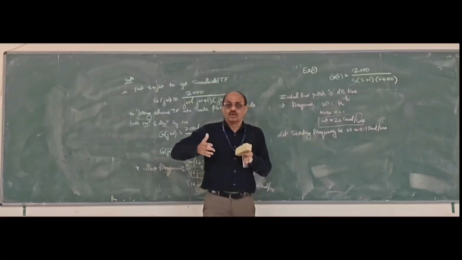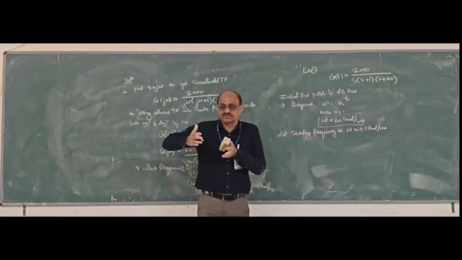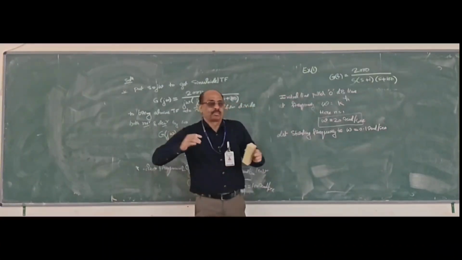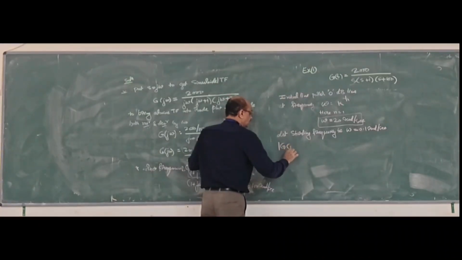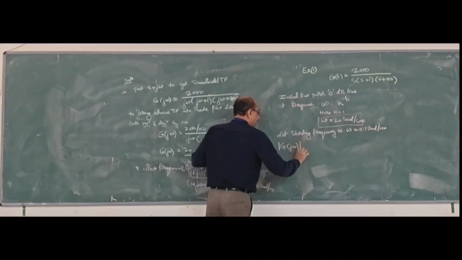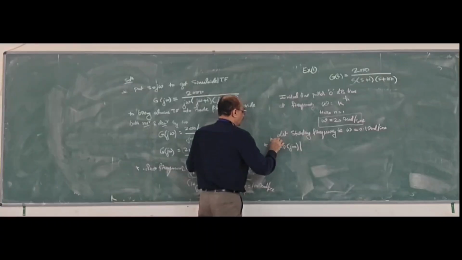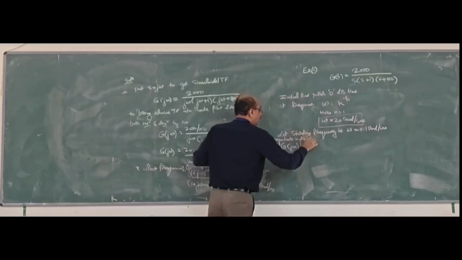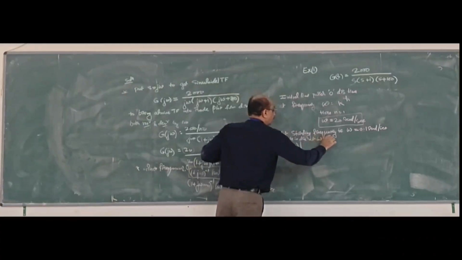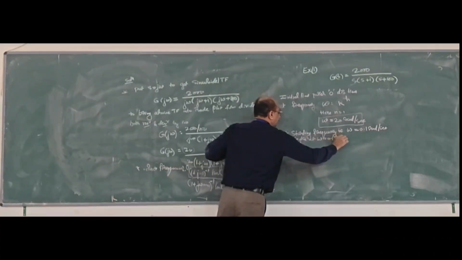Now I want to find the magnitude of the initial line at that frequency. So the gain G of j omega, the magnitude in dB at omega equal to 0.1 radians per second.